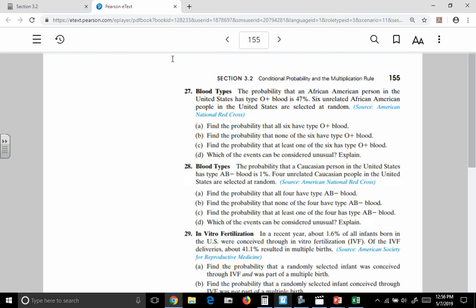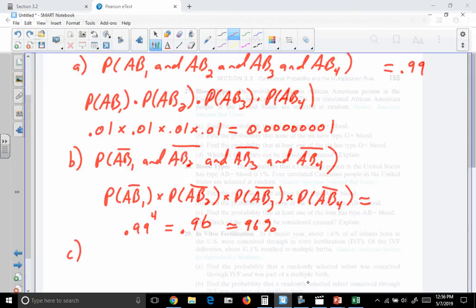But C is at least one. So these are actually complements. Either no one has that blood type or at least one person does. If at least one person does, then that's not in the group none. If nobody has type AB blood, then it's not true that at least one person does.